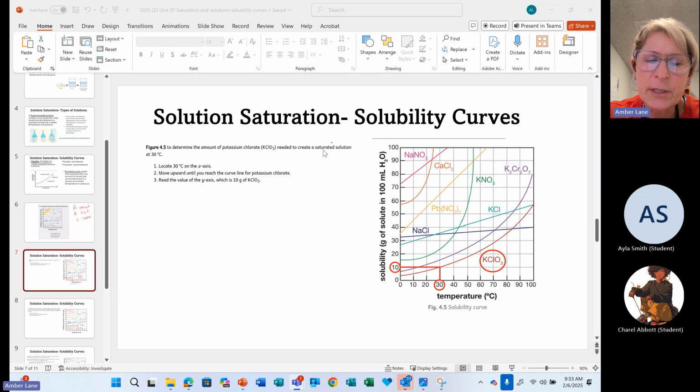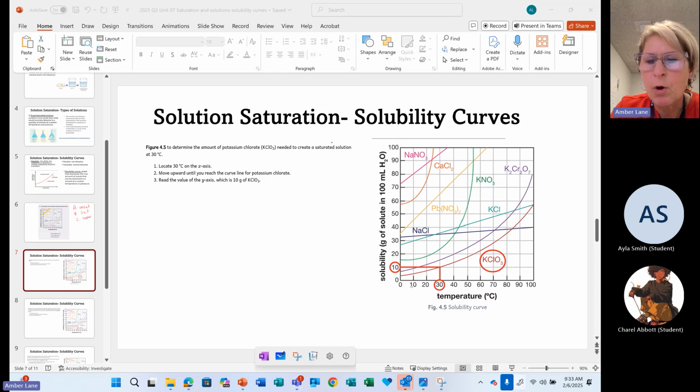So if it's a saturated solution, would the point be above the line, on the line, or below the line? Oh, on the line. It'd be on the line. Good. So to determine the amount of potassium chlorate needed to create a saturated solution at 30 degrees.